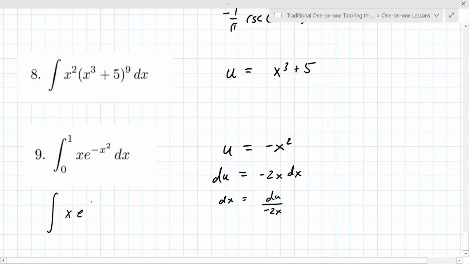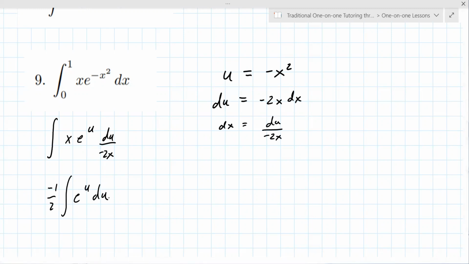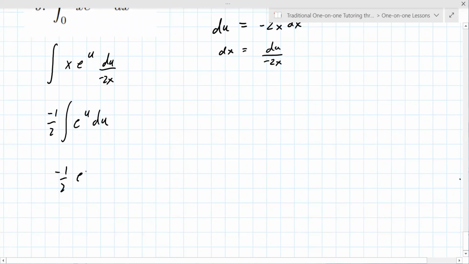But -x squared is e to the u. dx is du over -2x. So notice that the x's cancel, which is what we wanted. We can't have anything but u in there. du over -2, so then you bring that out: -1/2 integral of e to the u du.